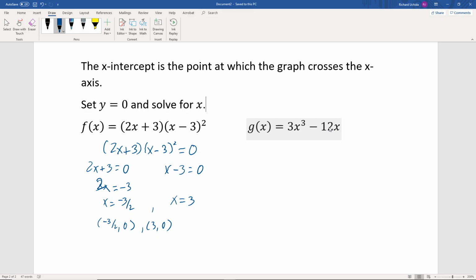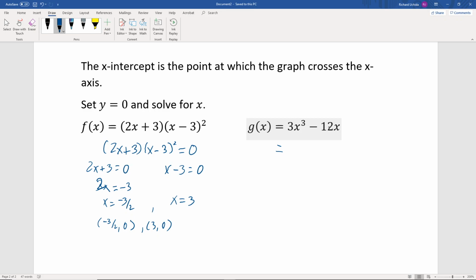If you're having a tough time with that, I would definitely recommend reviewing some of the techniques for factoring polynomials. Now remember, if we have the function g of x equals 3x cubed minus 12x, the first thing you always think about when you're factoring any polynomial is, can you factor out a greatest common factor?